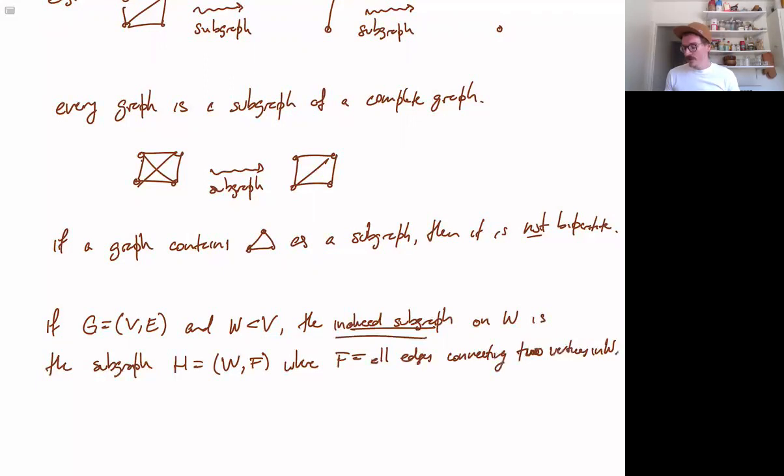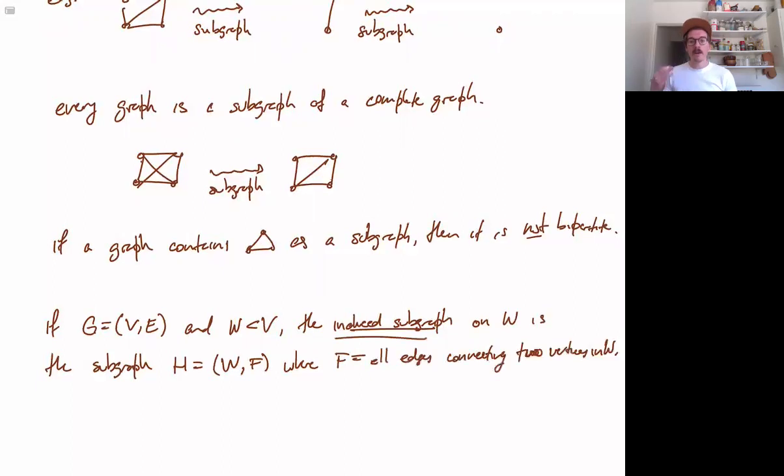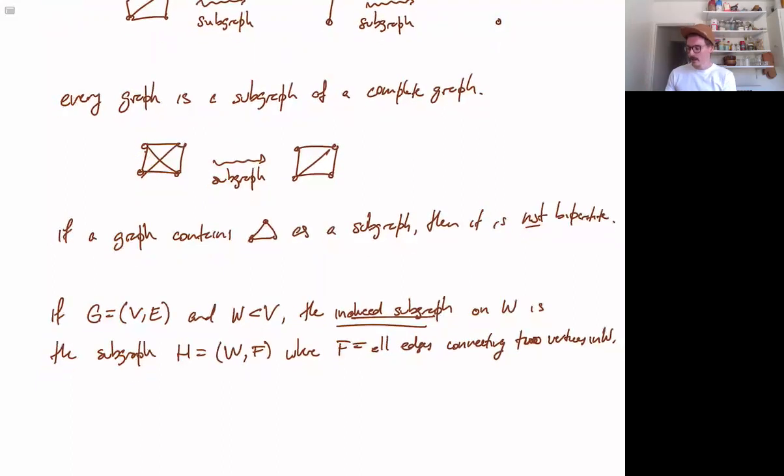It is an induced subgraph if it has all of the possible edges that you could get on those vertices from the original graph.